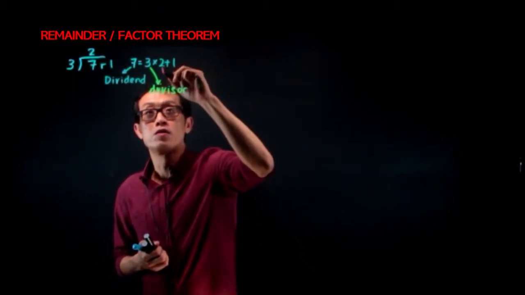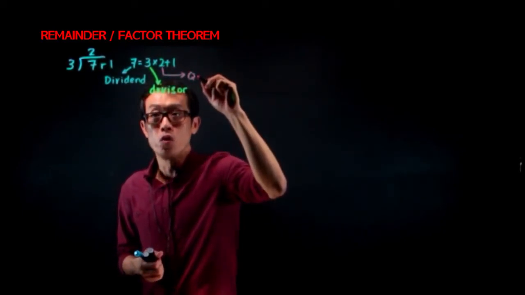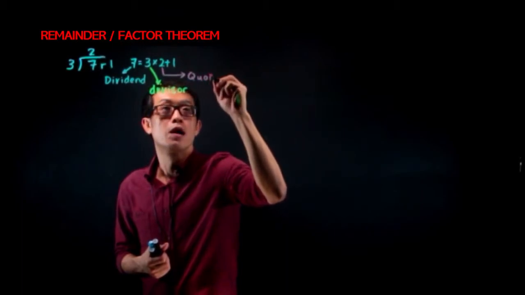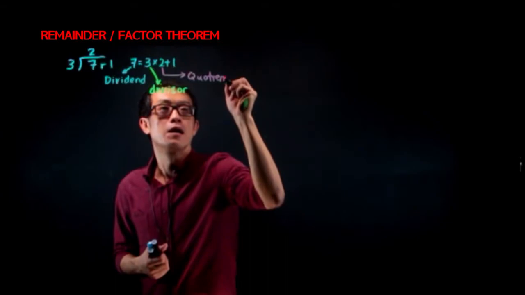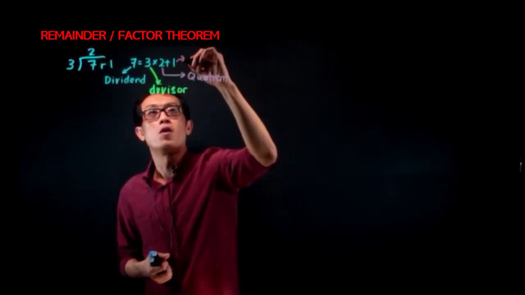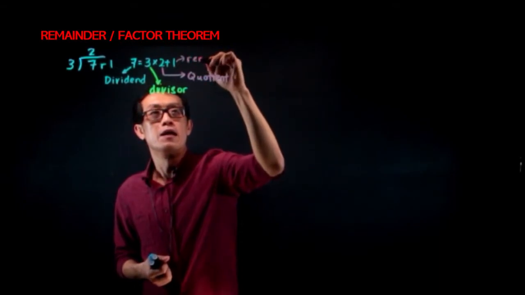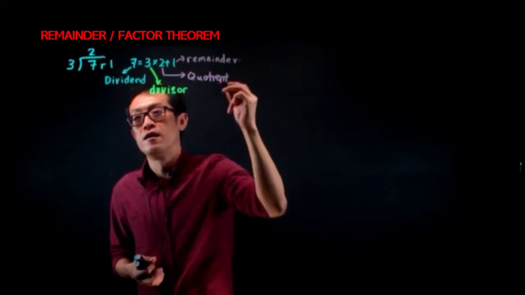This is called, can you recall? In primary school, what do you call? You call that quotient. And this is called the remainder. Okay?